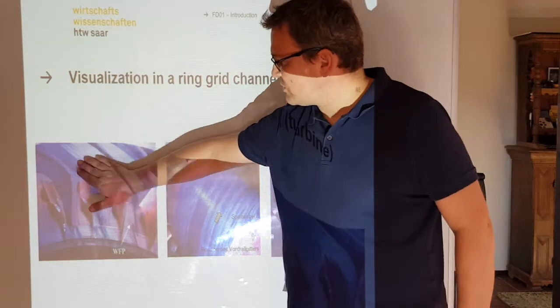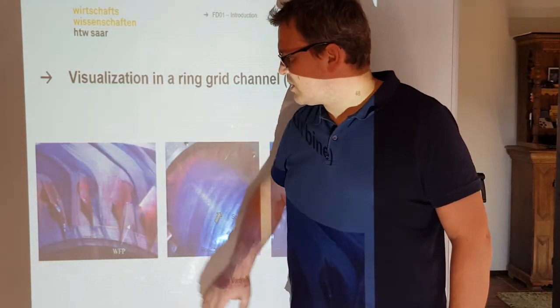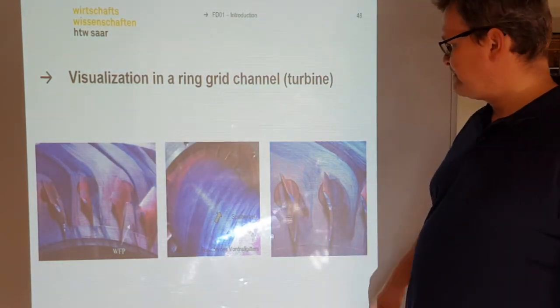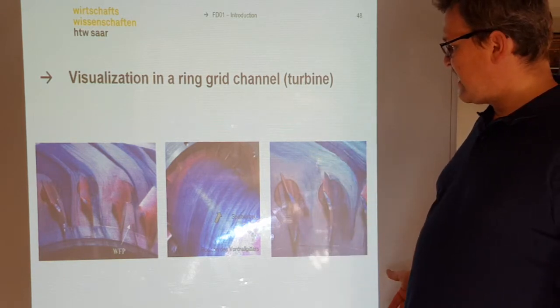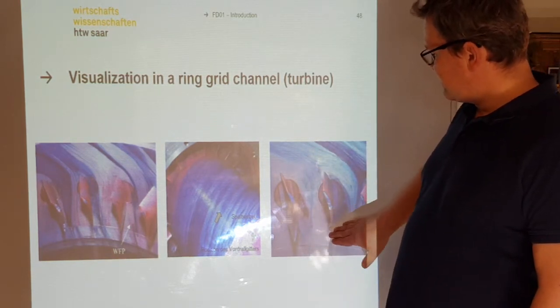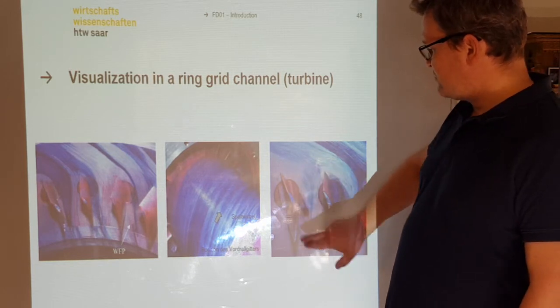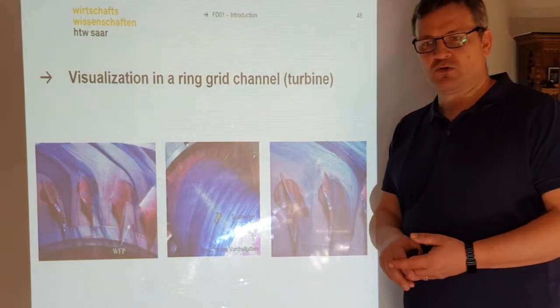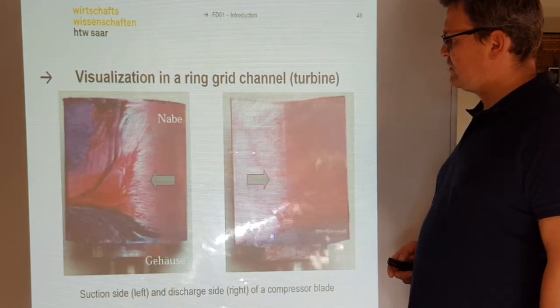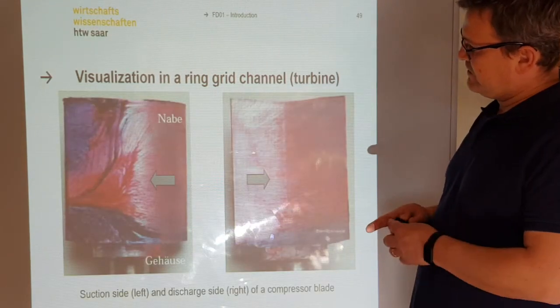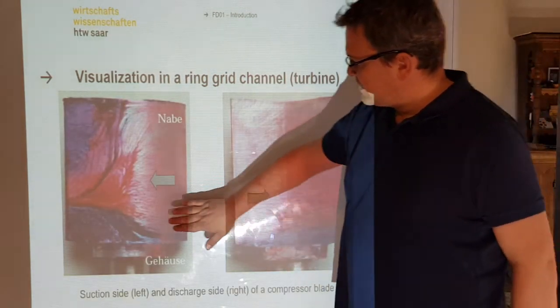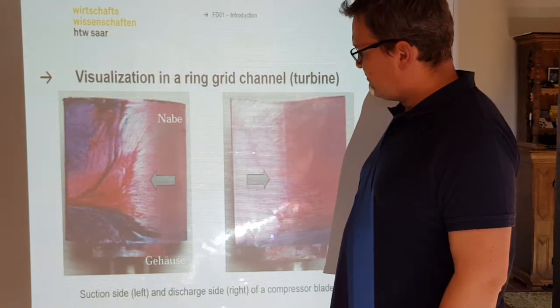And here they also put some red and blue color into the turbine. They used it, and afterwards they could measure where the fluid goes and where the swirls occur. Here is also a picture of a blade of a turbine.